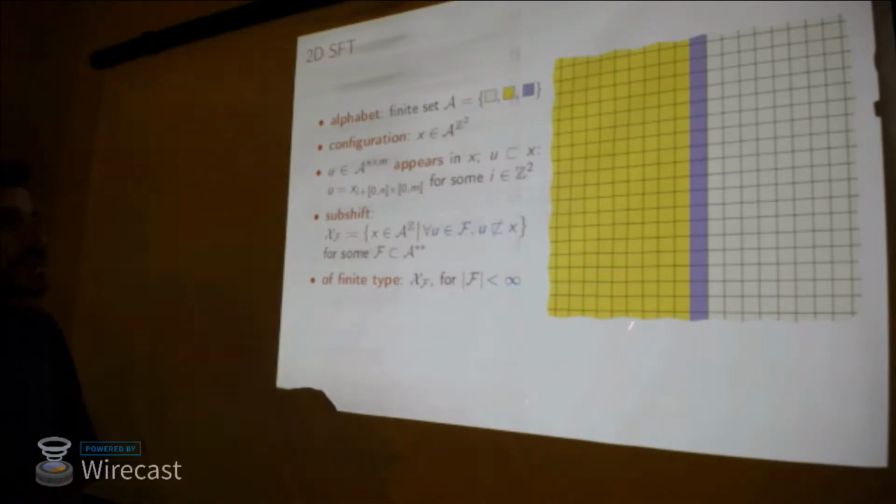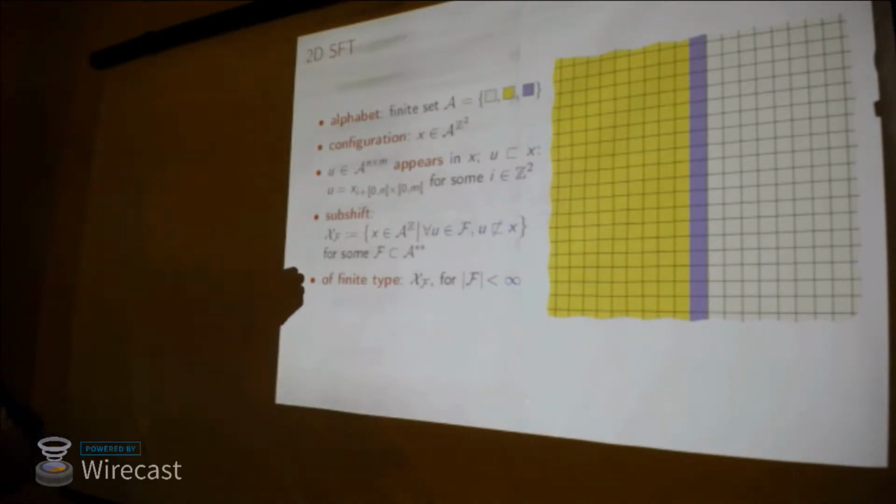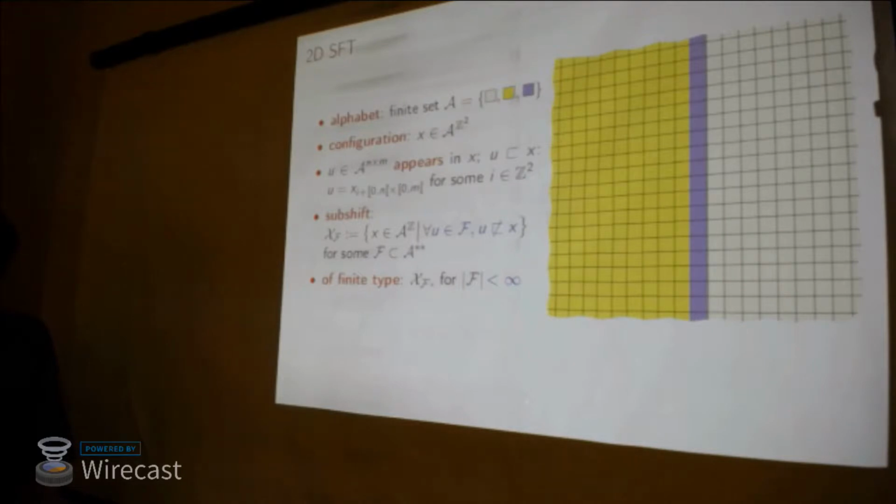So here the patterns of size 1 times 2 can force, for example, that every configuration is vertically constant. The color is the same in all columns. This is not a very interesting example, but we can do more interesting things with subshifts of finite type.